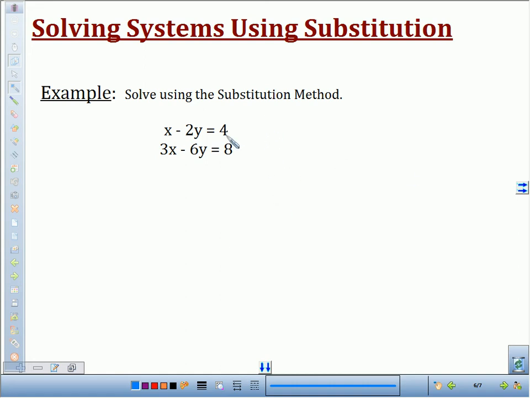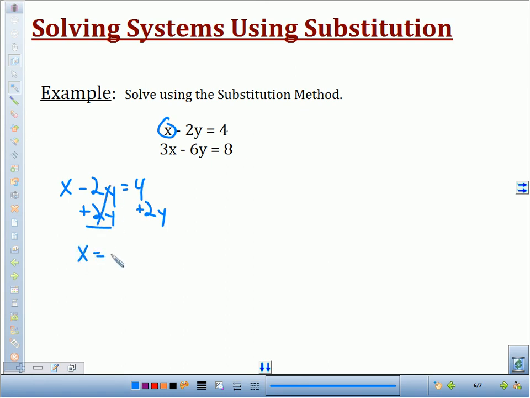using the substitution method. I'm going to start by picking an equation and a variable to solve for. I'm going to solve for this x because it looks easiest. So x minus 2y equals 4. I want to solve for this x, so I'll add 2y to both sides.